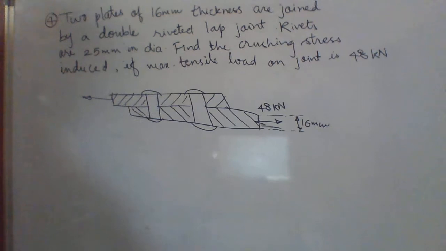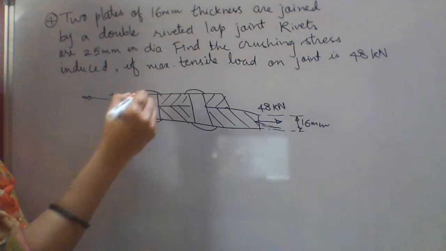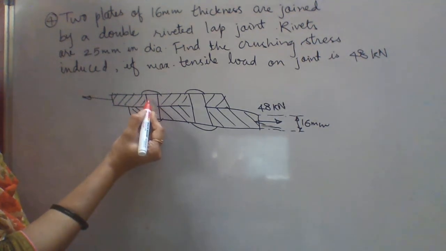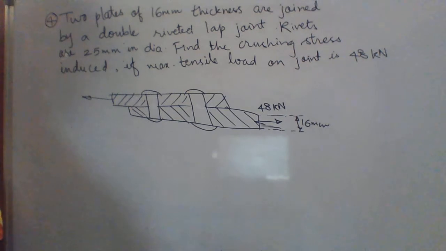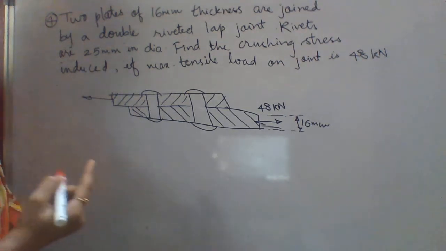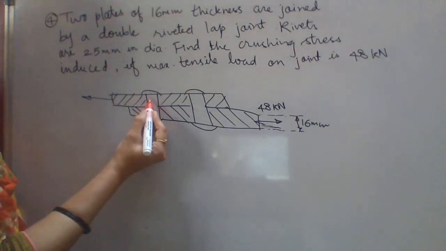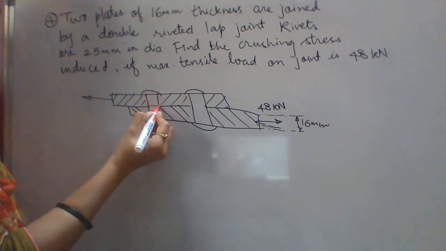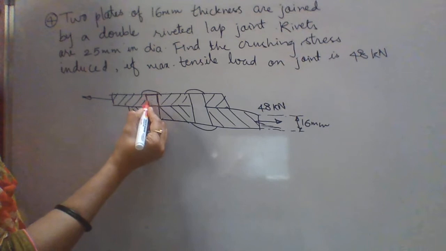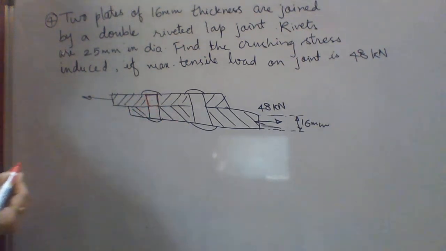We know that the area in contact of a single rivet, this rivet number 1 to this plate, we have to calculate for one pair of surfaces. So one plate, one rivet, the projected area is this rectangle.